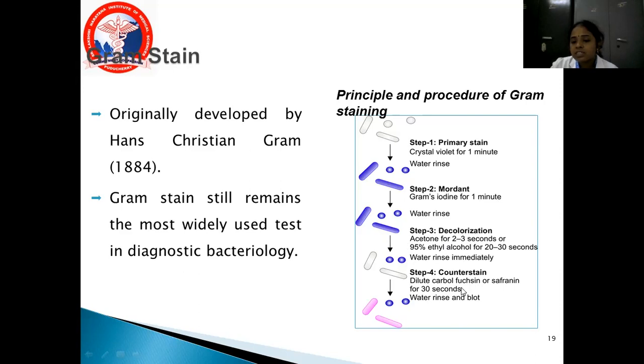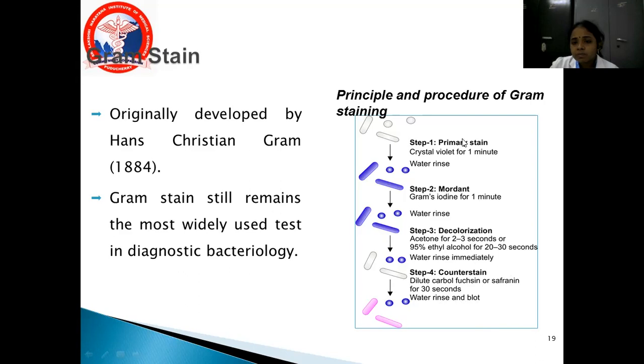Dilute carbol fuchsin, that is a pink color dye. Finally this dye will occupy the spaces of the peptidoglycan layer and you can see pink in color. This is the principle. That's why gram positive cocci appear violet in color and gram negative bacilli appear pink in color.